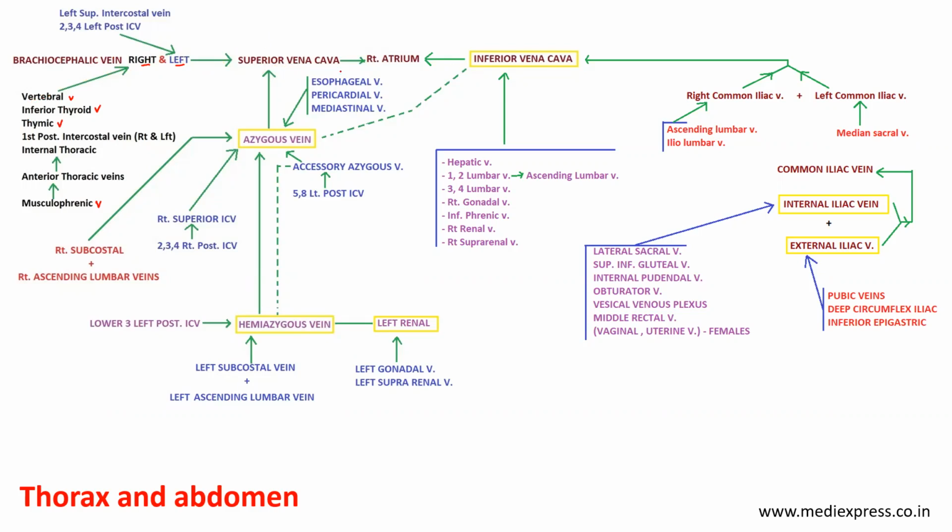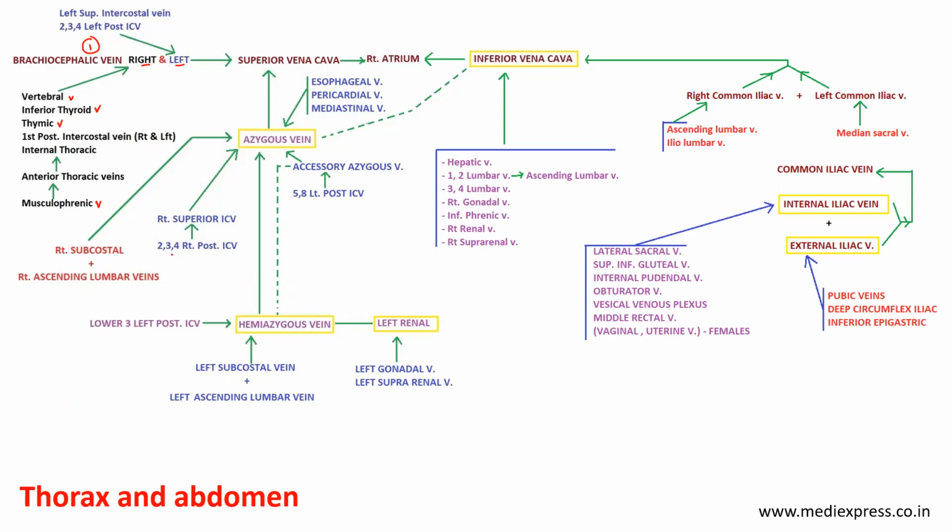Now, we'll stop here. We'll see what are the other branches that drain into the superior vena cava. One, we already know, that is a brachiocephalic vein. Other one is the right subcostal and right ascending lumbar veins. That one will not directly go and drain the superior vena cava, but it will drain into the azygous vein. So first one is the right subcostal and the right ascending lumbar vein together will drain into the azygous vein.